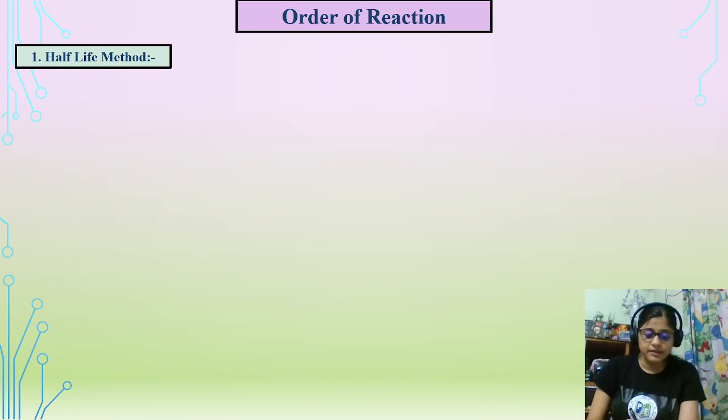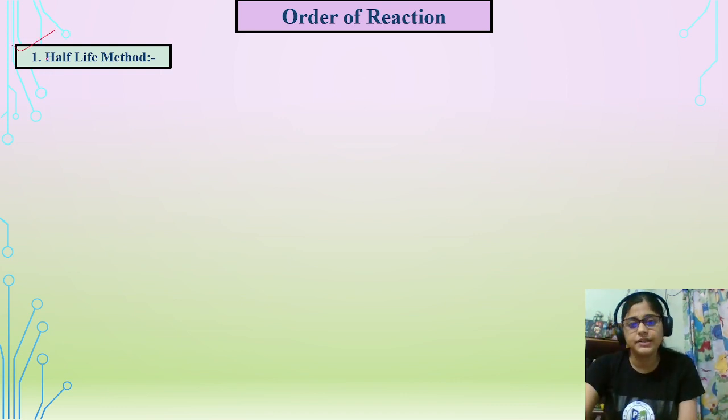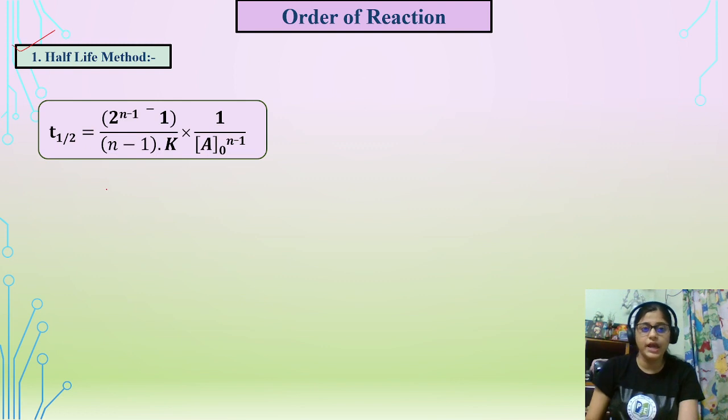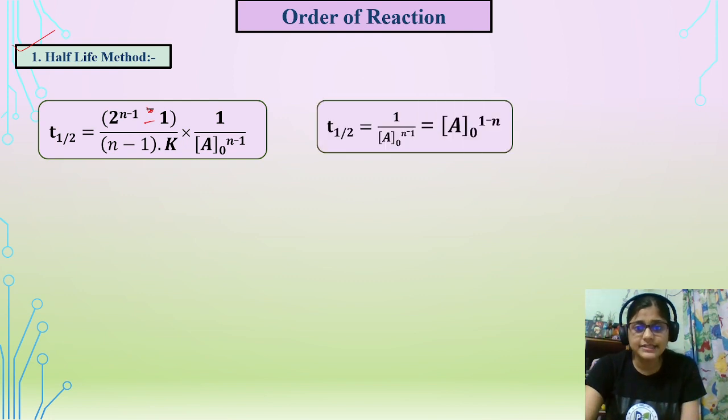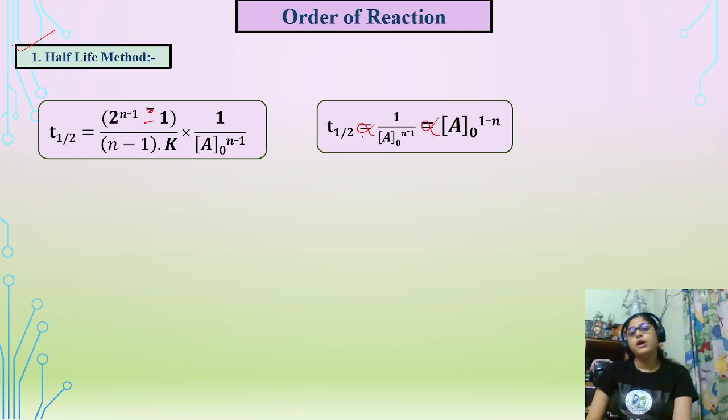Here some important methods are given to calculate the order of the reaction. One is the half-life method. What is that? We have just read that T half is equal to this one. So we can say that T half is proportional, proportional sign, not equal to, to 1 by A0 to the power n minus 1, or A0 to the power 1 minus n.